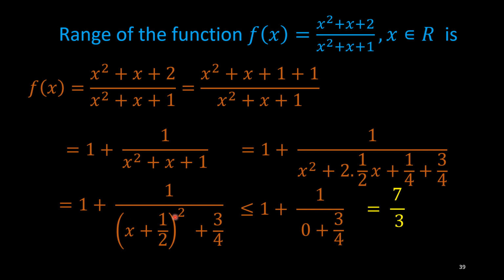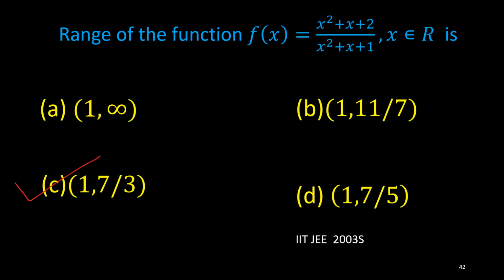So 1 upon infinity is 0, thus its value will become 1. So its minima is 1 and maxima is 7 by 3. So the maximum level is 7 by 3 and minimum is 1. Thus the range is 1 to 7 by 3, and I already said that the minimum is 1.